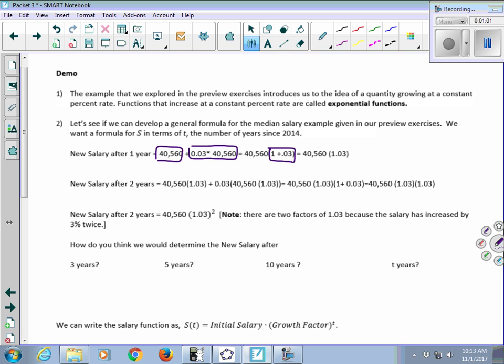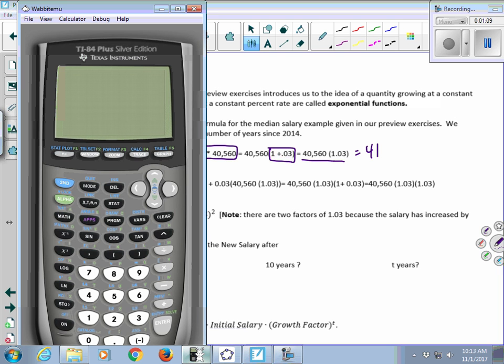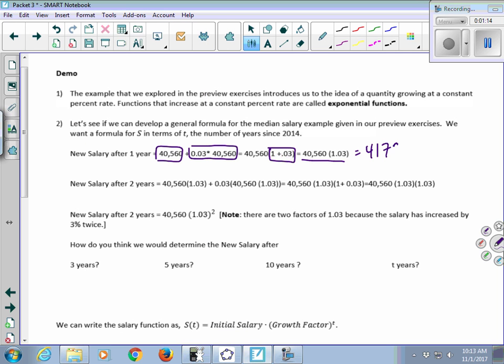Meaning 103% of the original salary, which gives us 41,777. All right, after 2 years, this is our 41,777. That's just the way we calculated it. And then we add to that another 3%.